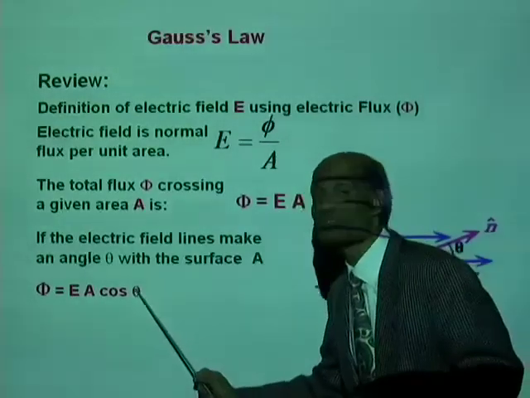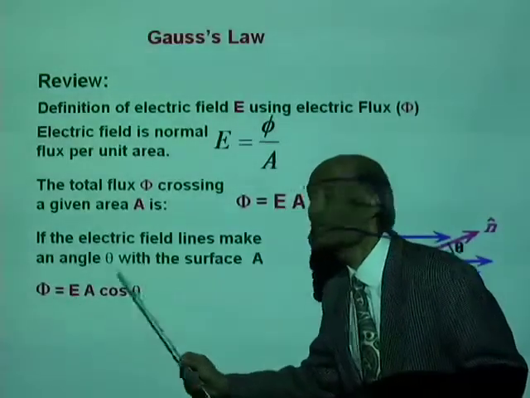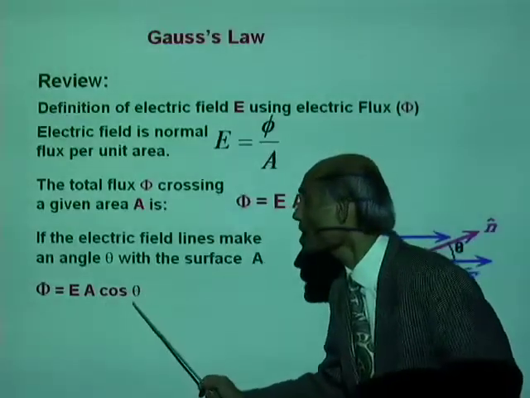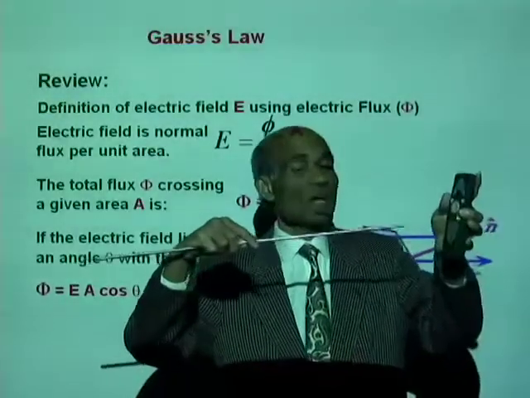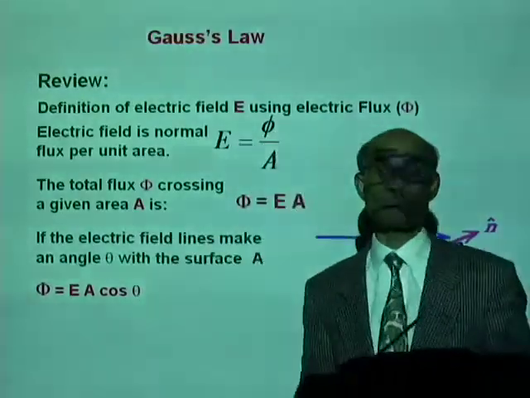When theta is 0, cos 0 is 1, phi will be equal to EA. Now we will be considering all cases where theta is 0, or the field lines will be at right angles to the surface all the time.